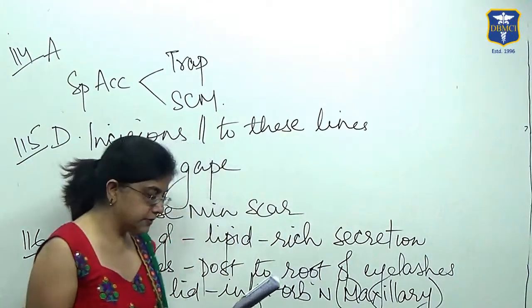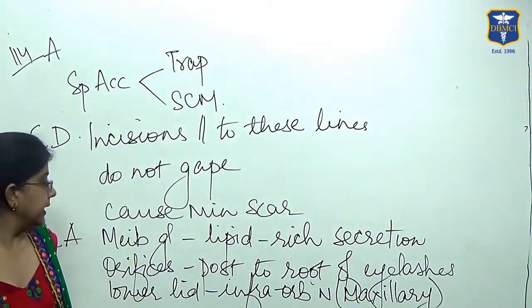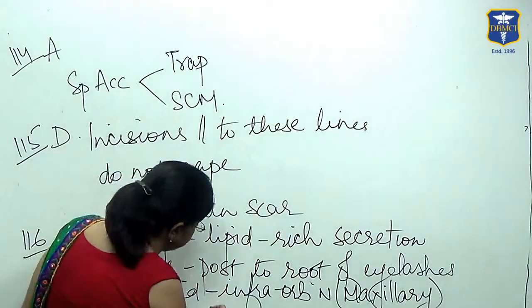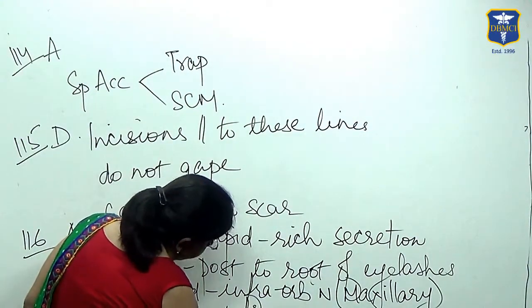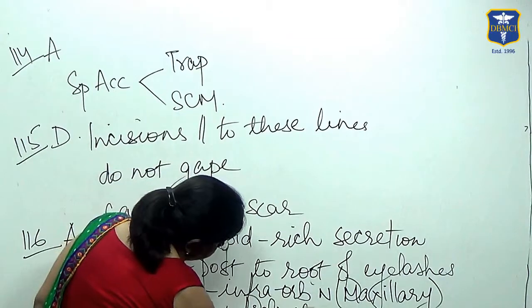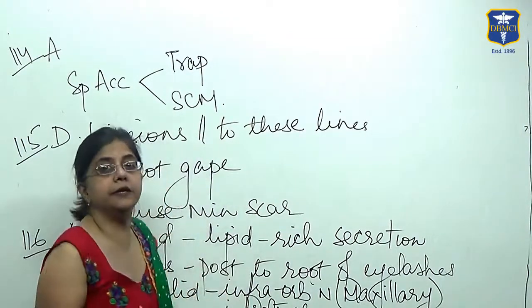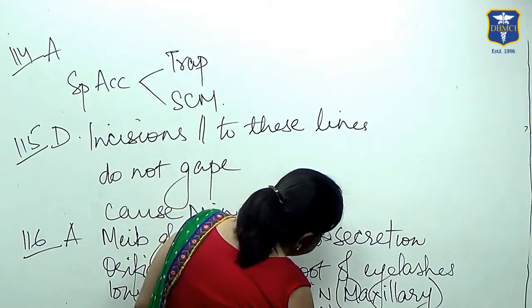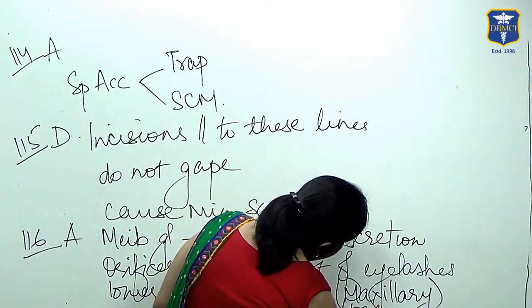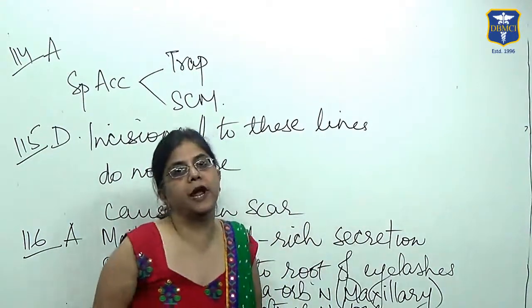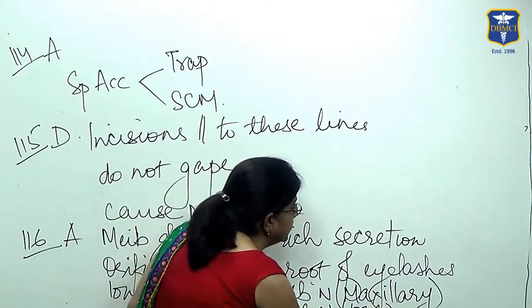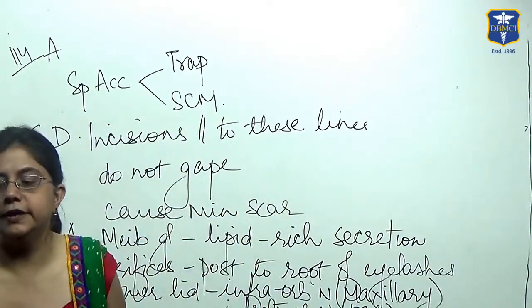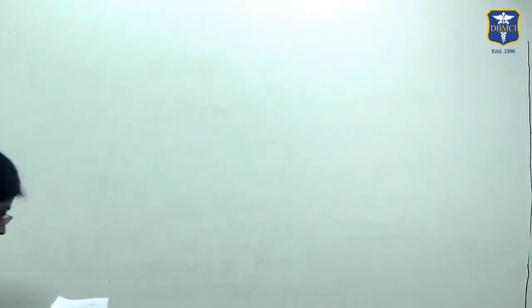And it is also supplied by the infratrochlear nerve, which is a branch of ophthalmic division of trigeminal nerve. So this is how the lower lid is supplied.